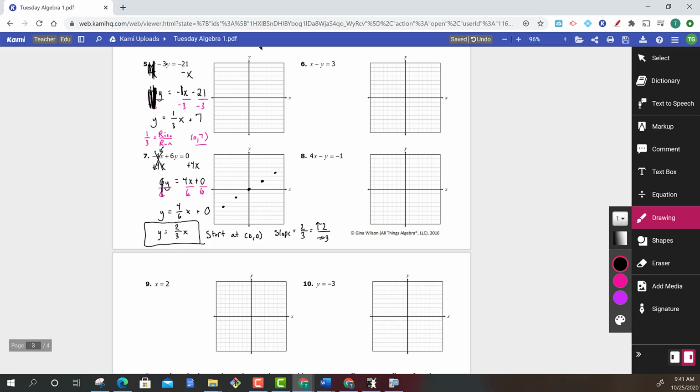So your line would look like that through the point 0, 0, and it's going up 2, right 3 for all the points there.